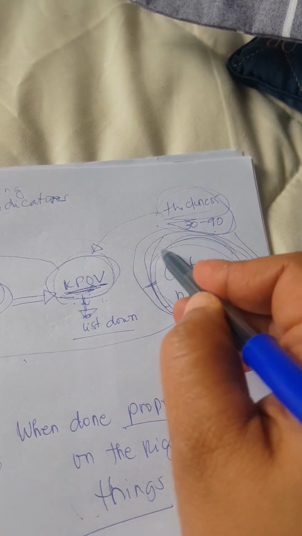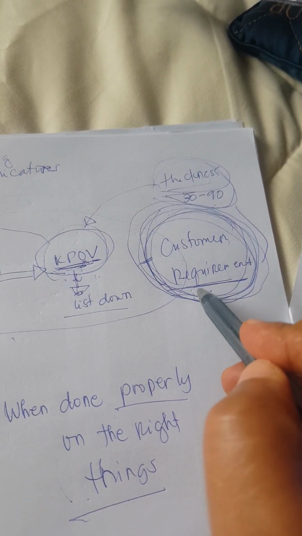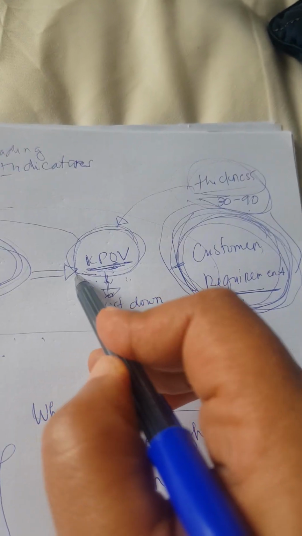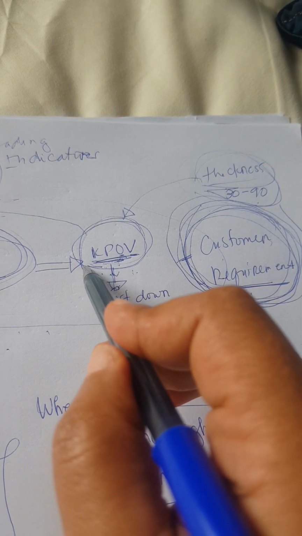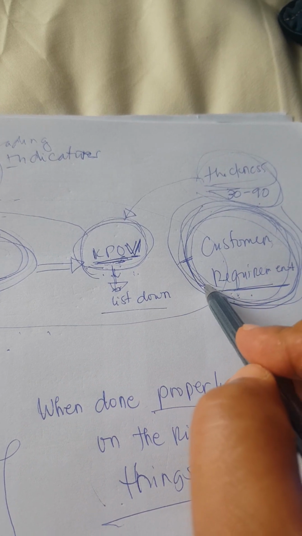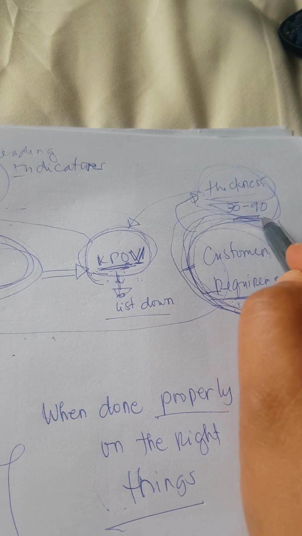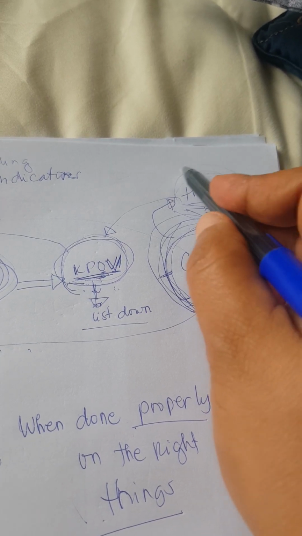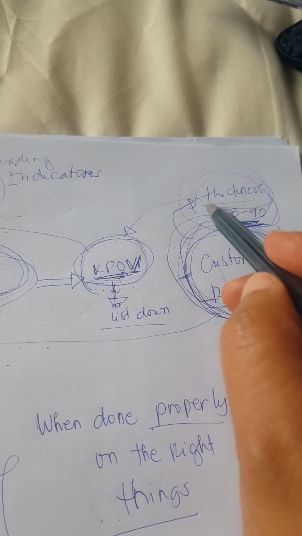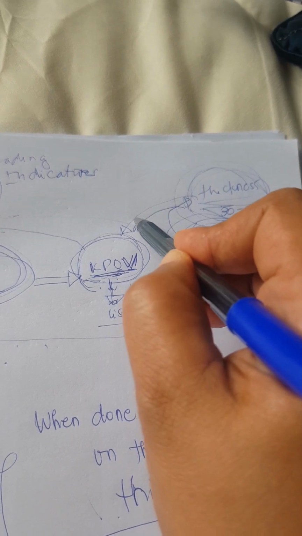Based on these requirements, we need to identify the key process output variables. For example, the customer requirements tell us the thickness should be 30 to 90. This is just an example, guys. So of course, we need to monitor this as part of our KPOV.